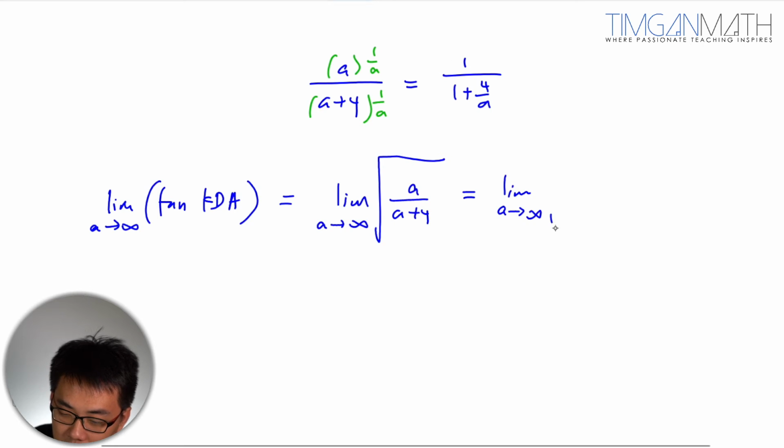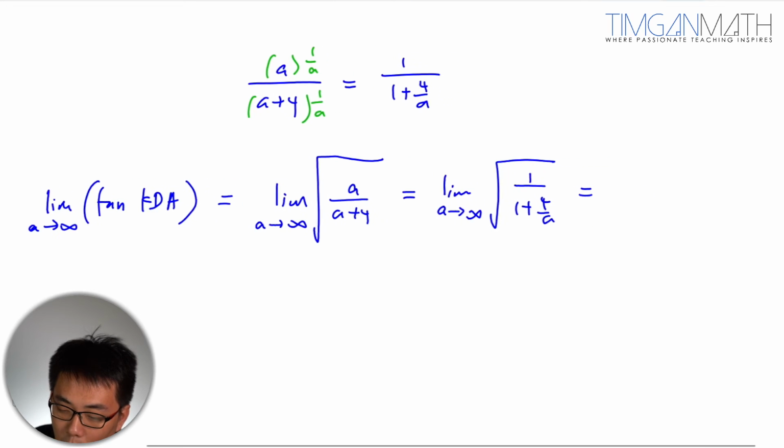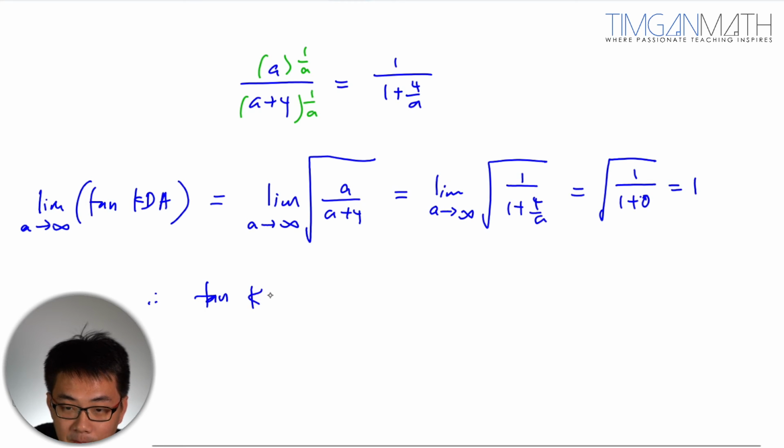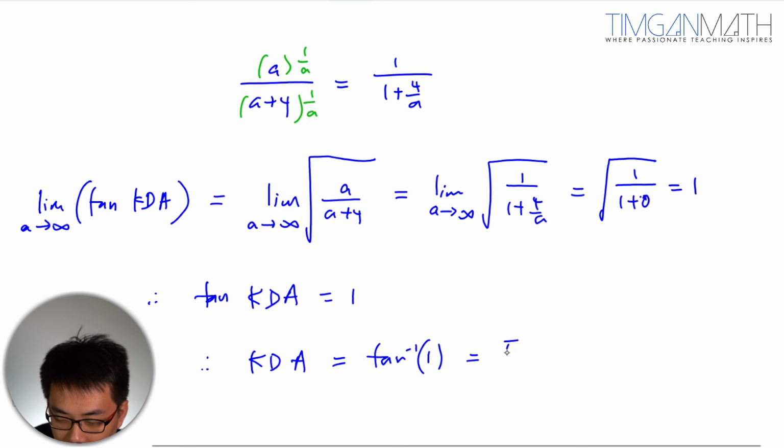We can change this expression to 1 over 1 plus 4 over a. We know that this will become 0, and this will be 1. Hence tangent KDA is tangent inverse 1, which is actually pi over 4.